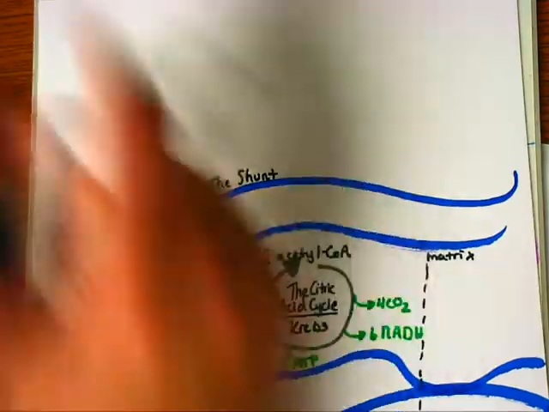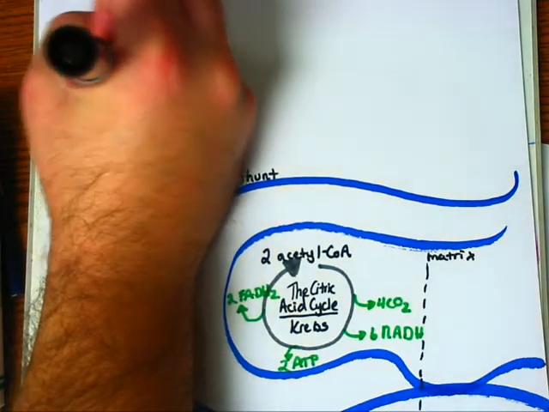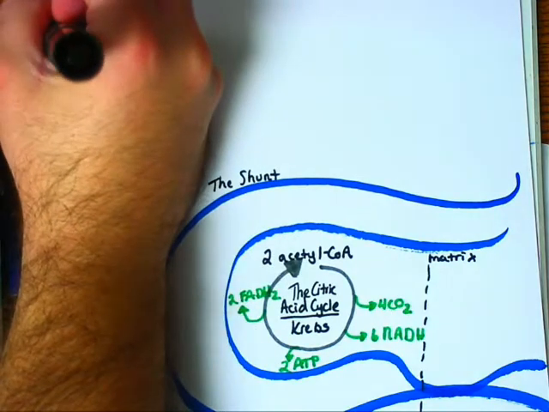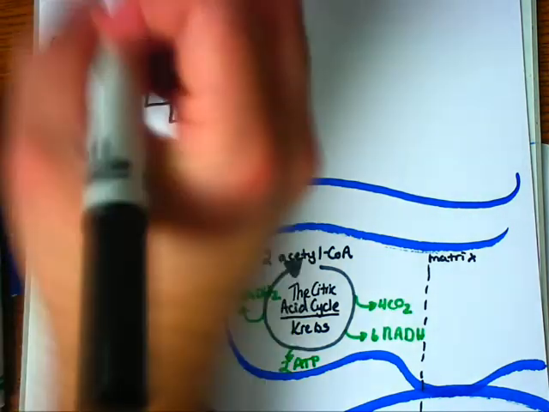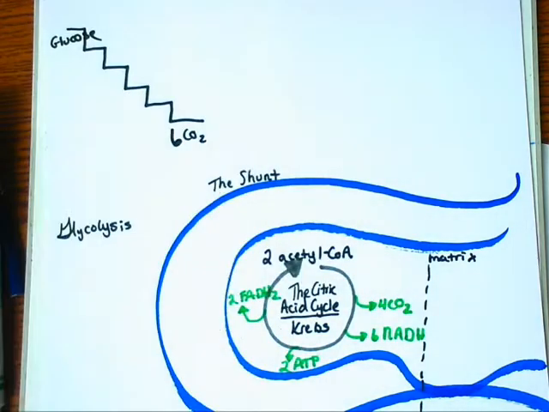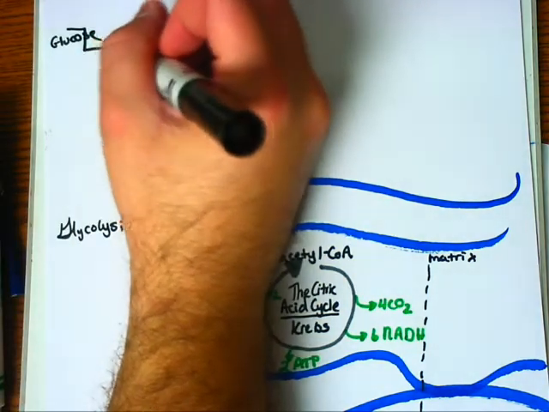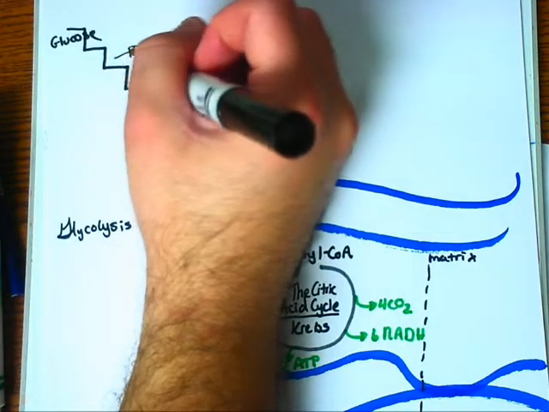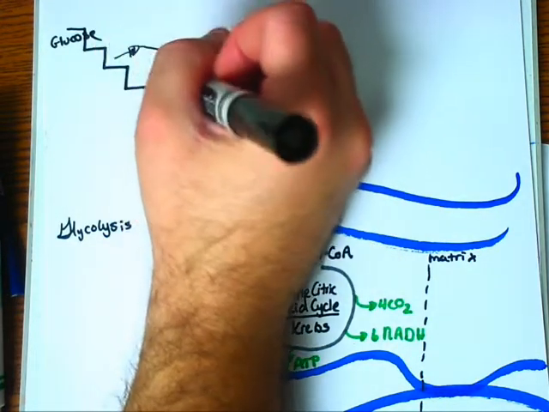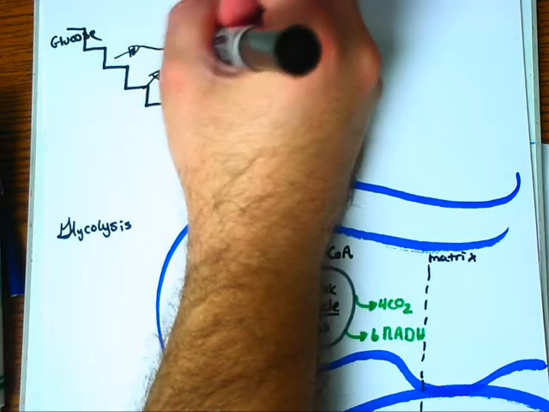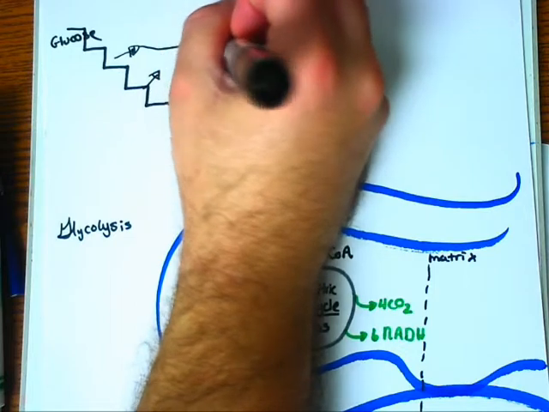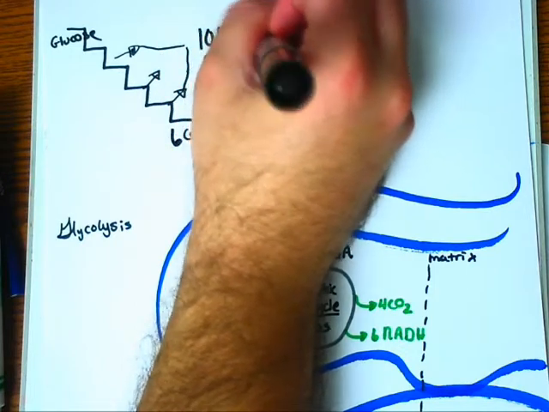In other words, going back up to that drawing from yesterday, where you take your high energy glucose and you break it down into carbon dioxide, you've now produced your 6 carbon dioxide. And if you think about it along the way, you pulled off all these H pluses and electrons so that you ended up producing a grand total of 10 NADHs and 2 FADH2s.